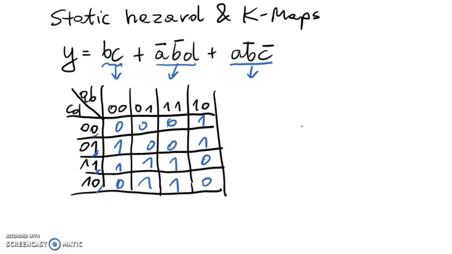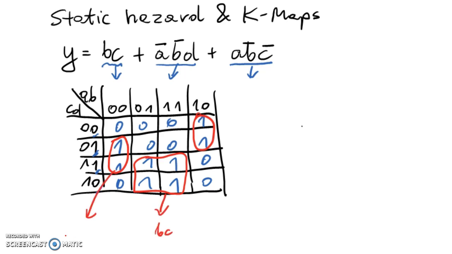So let's repeat this procedure in the opposite way, how this expression was obtained, just in this way. This is BC.